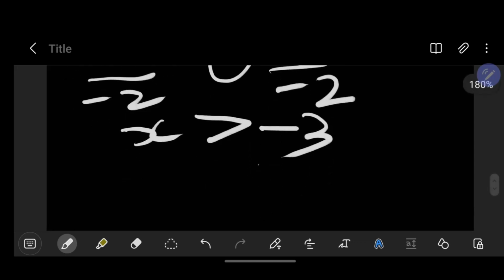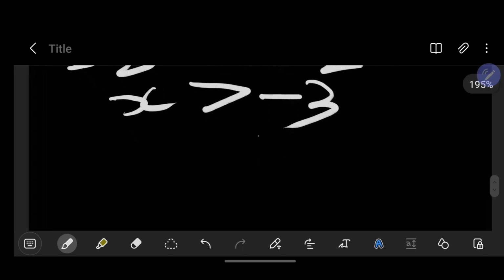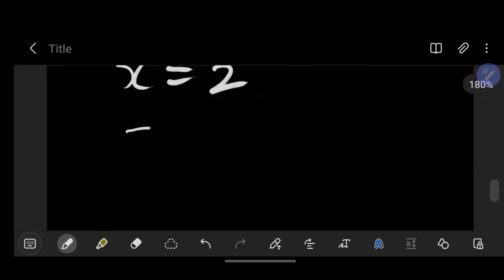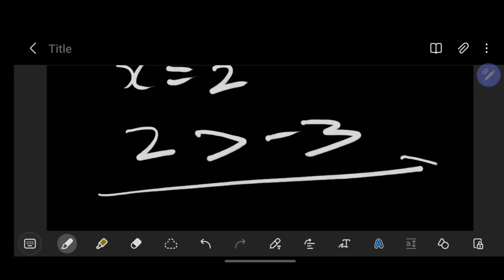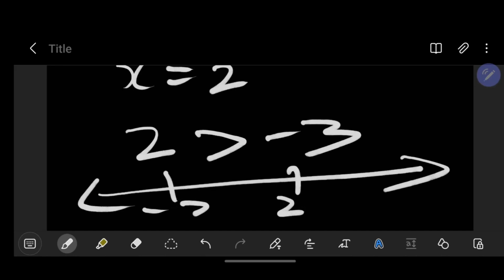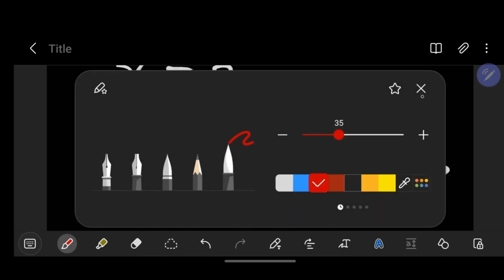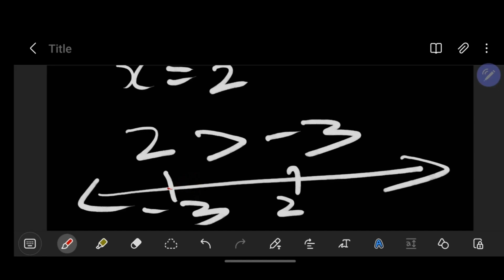Now, as we know from before, a solution to this problem is that x can be equal to 2 when we did our substitution. So we can show that 2 is now greater than minus 3. If we look at this on the number line, we have 2 and we have negative 3, and 2 is indeed greater than negative 3. So this is correct.